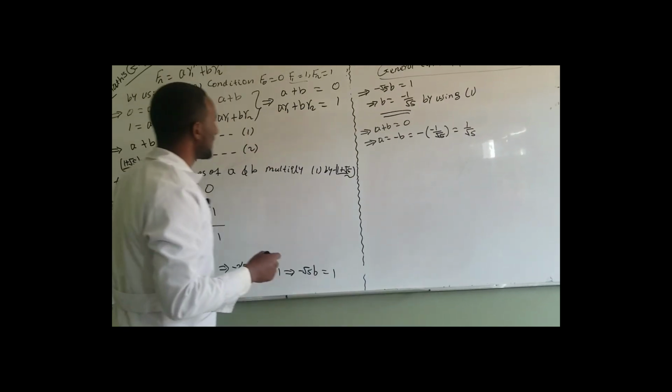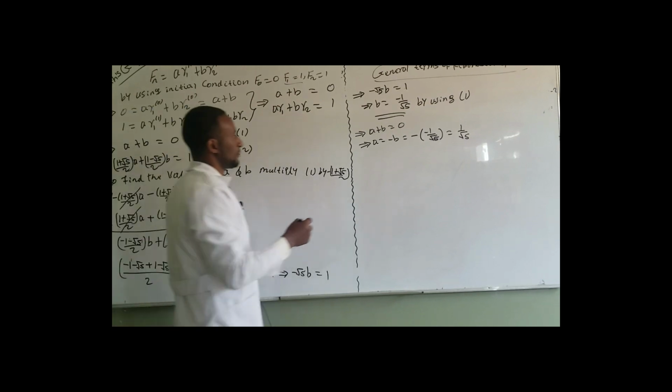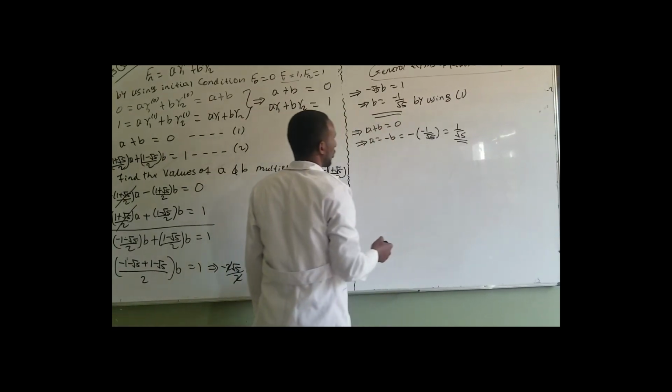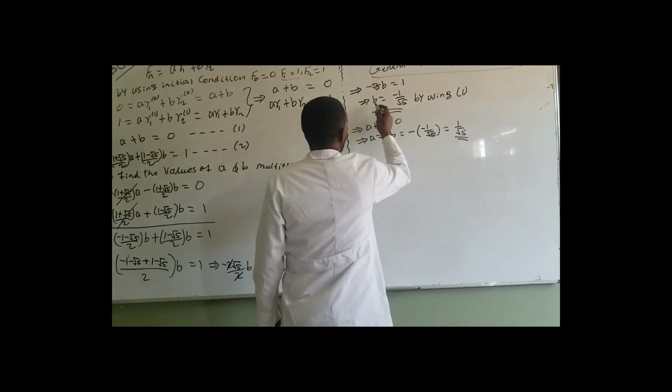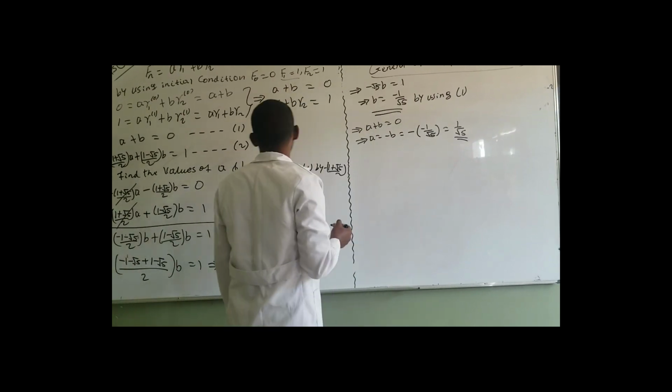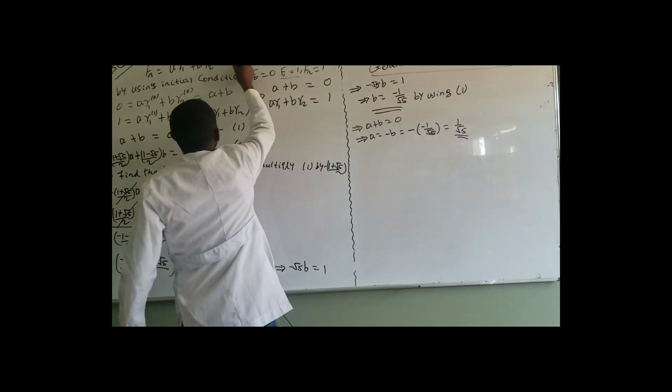Then we can get the general formula by replacing a with 1 over square root of 5 and b with negative 1 over root of 5.